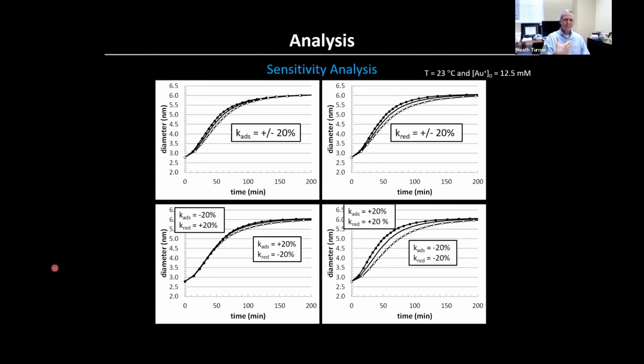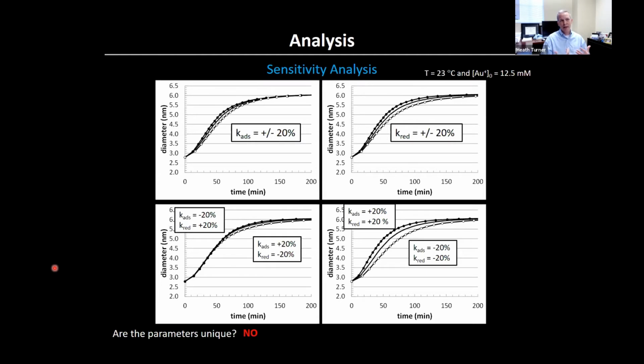So we do some of the sensitivity analysis where we take some of these parameters, we increase or decrease them by 10 or 20% and see what effect that has on the results. And what we'll find is that there is some impact. And so when you start really asking this question, are these parameters unique?